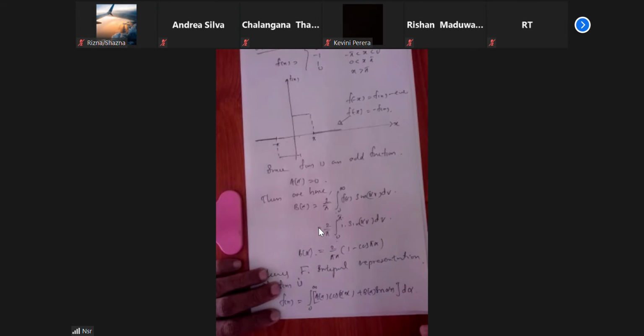That is the Fourier integral representation, but we know that A(alpha) goes to 0 because the given function is an odd function. Only B(alpha) remains.